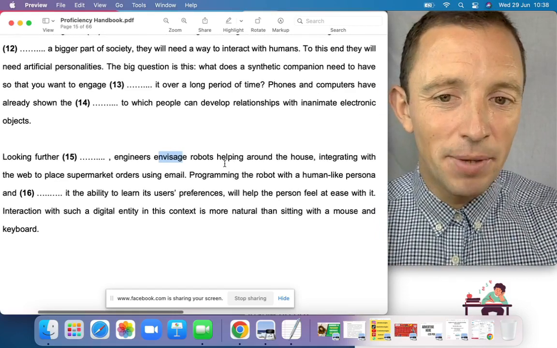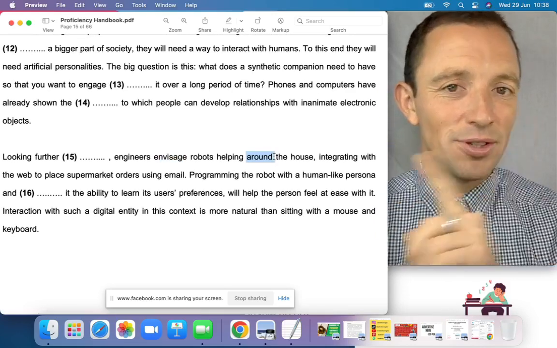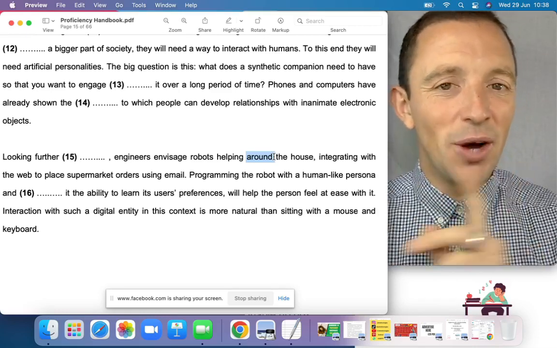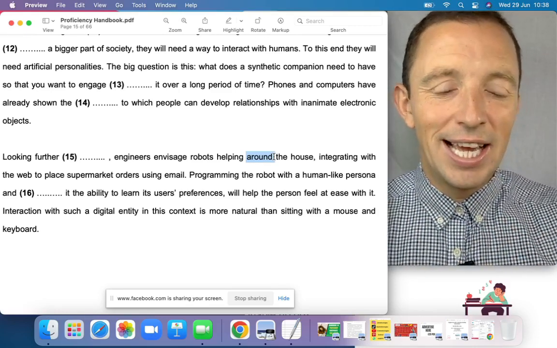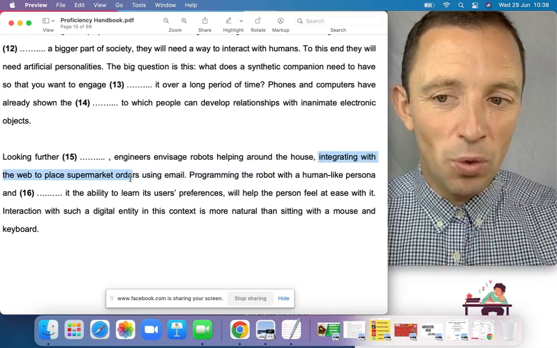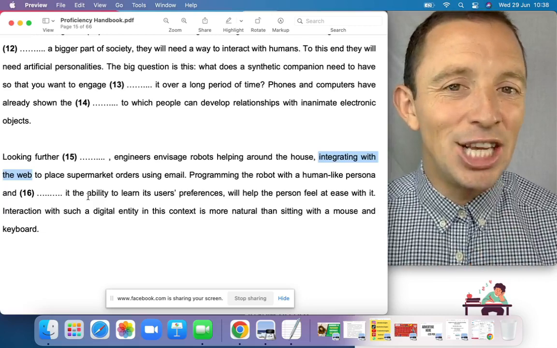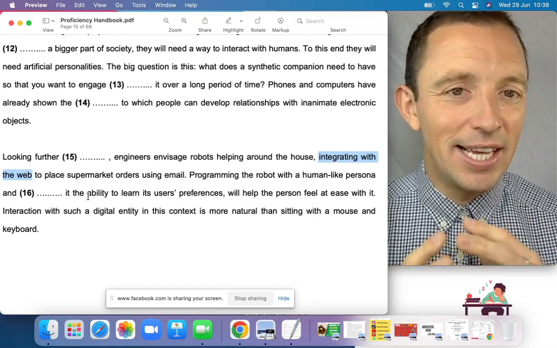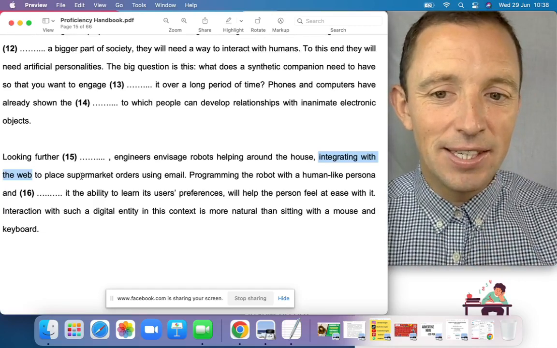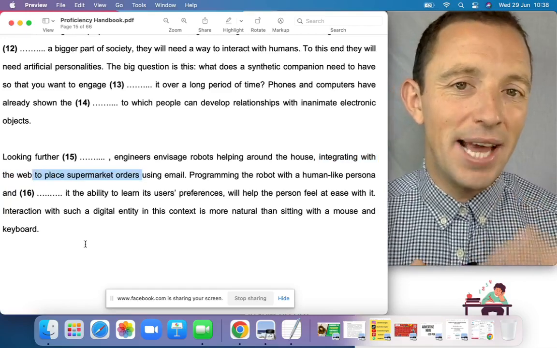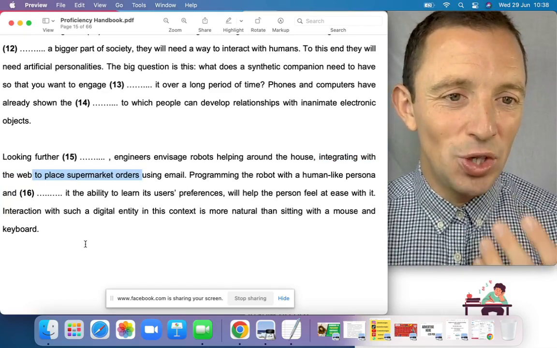Robots helping around the house with the work, cleaning, washing, helping around the house, building, constructing, integrating with the web, so interacting, engaging, participating with the internet to place an order. And this means to make your order with the supermarket using email.